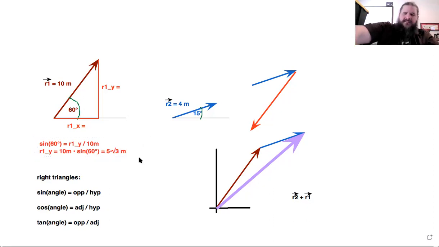Or if we want a decimal approximation, we can punch that into a calculator and get 10 times sine 60 is about 8.66. And we'll keep the units on that. That is still measured in meters. Any questions on that so far?